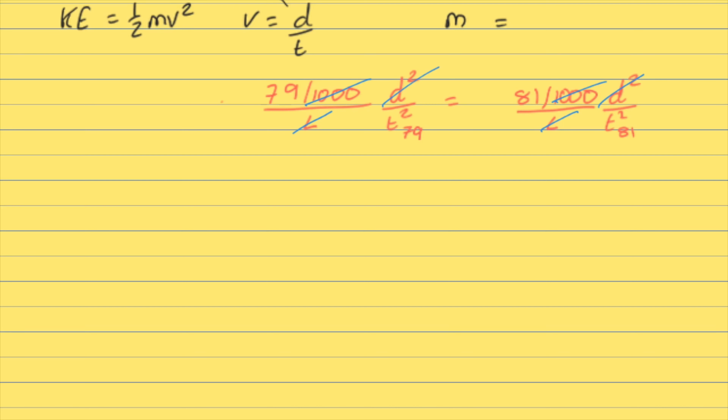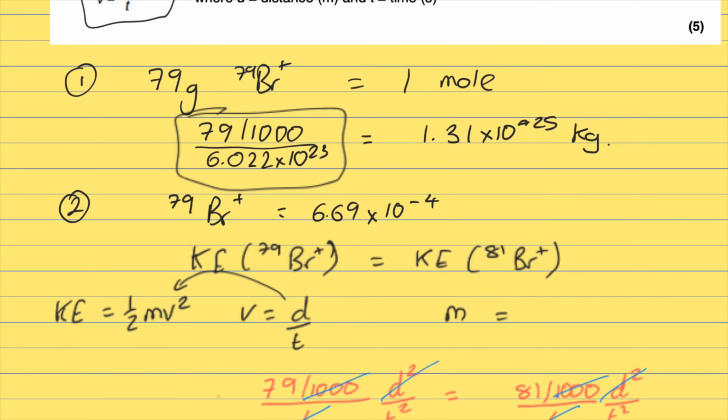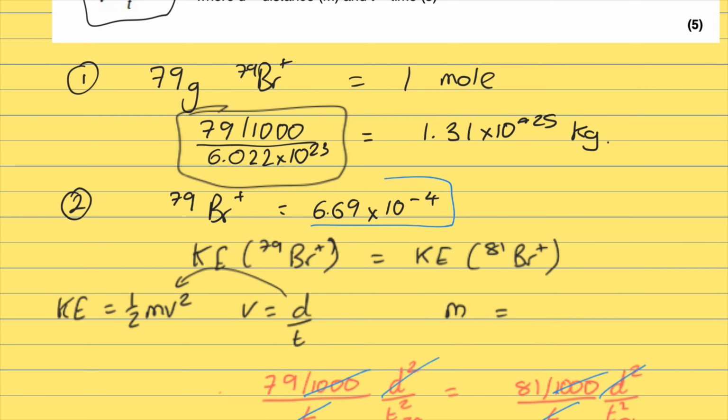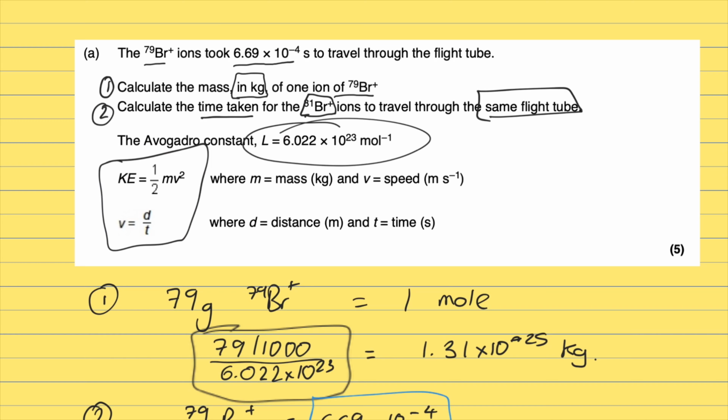That's going to leave us with 79 over t squared for 79 is equal to 81 over t squared for 81. Now we know the time for this one. It's 6.69 × 10^-4, because that's the time given up in the question, all the way up here.